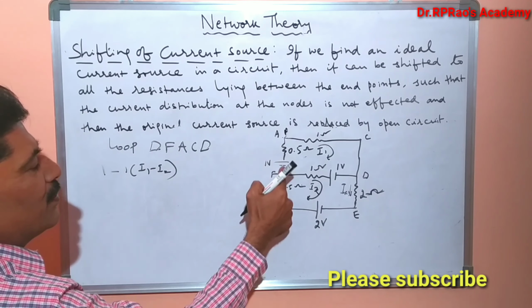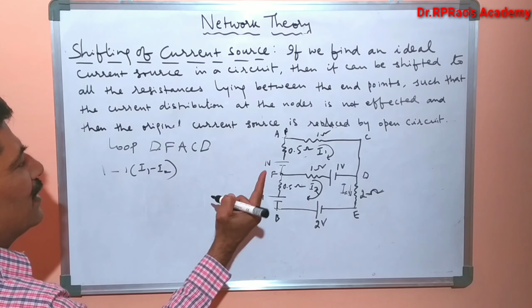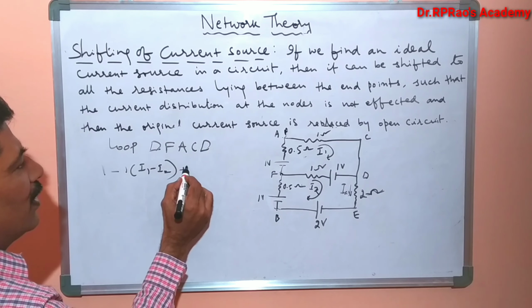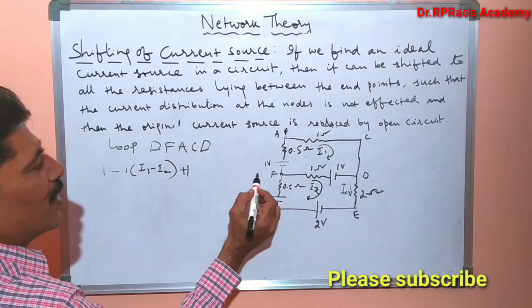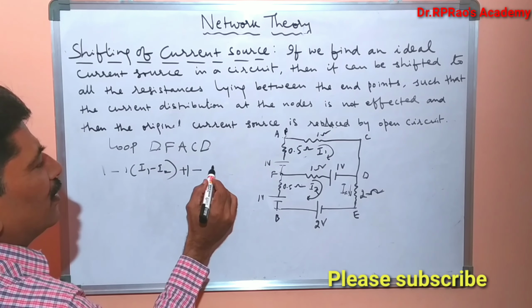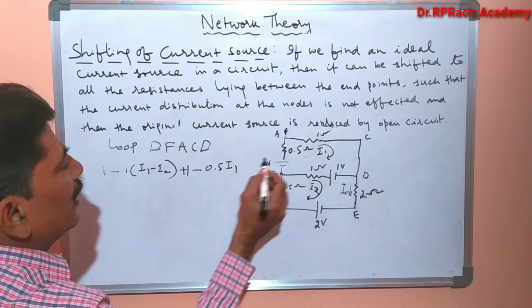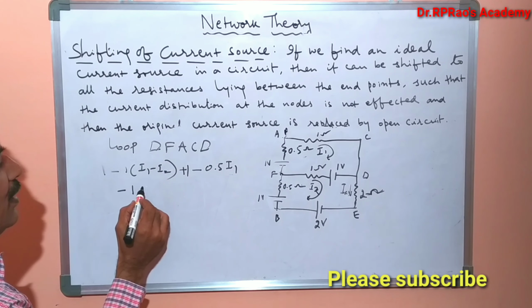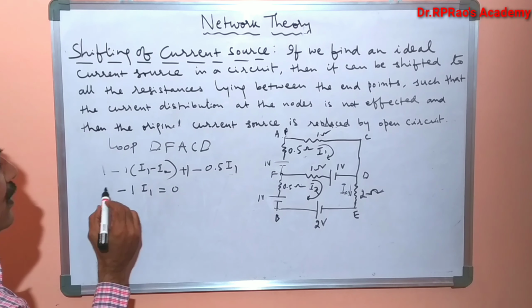And in this branch, moving from F to A, there is rise in potential plus 1, and the drop in voltage is minus 0.5 into I1, again minus 1 into I1 is equal to 0. Now let us simplify this.